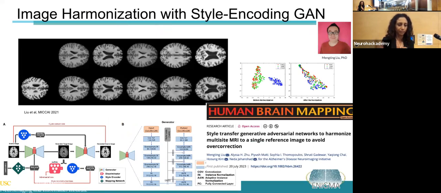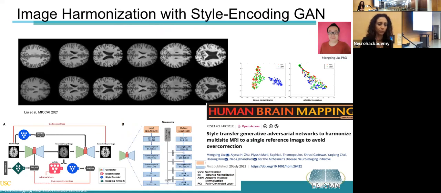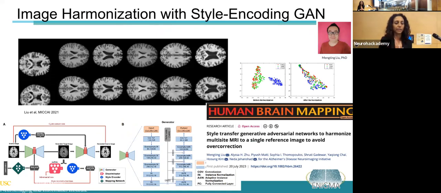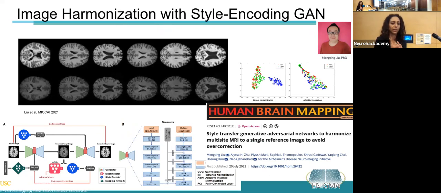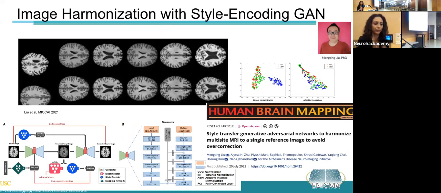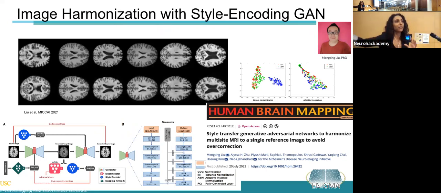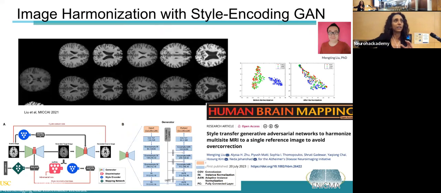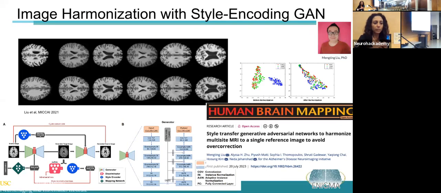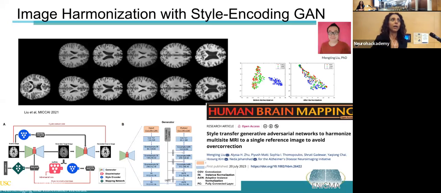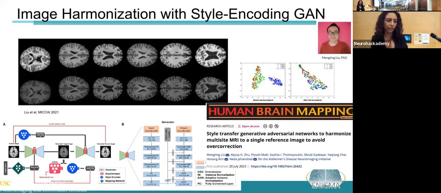One example that was just published a few weeks ago online is a method with style encoding generative adversarial models, where we're trying to match the style of another MRI scanner and recreate the raw image of that individual as though they were scanned on a different scanner with a different protocol. There are extensions of this work being conducted.